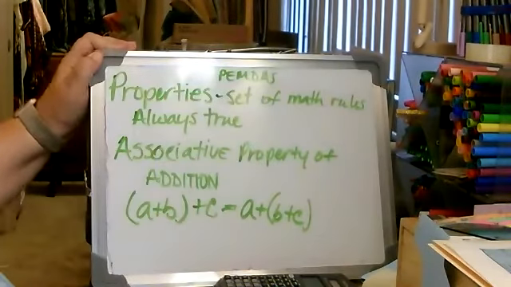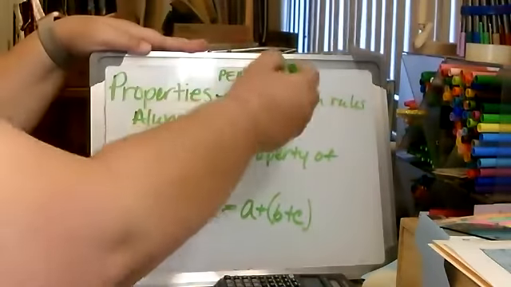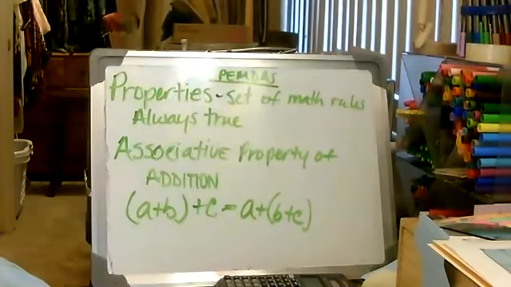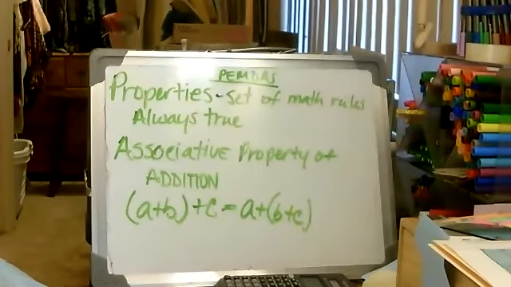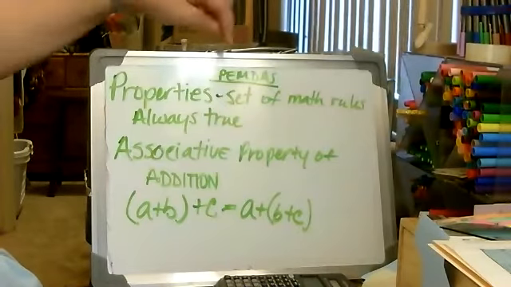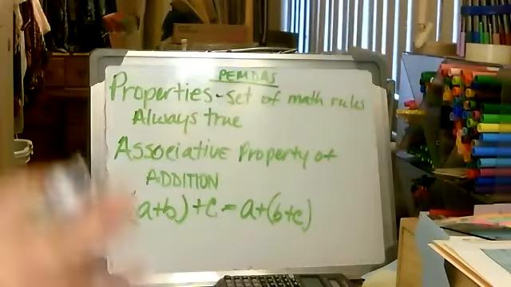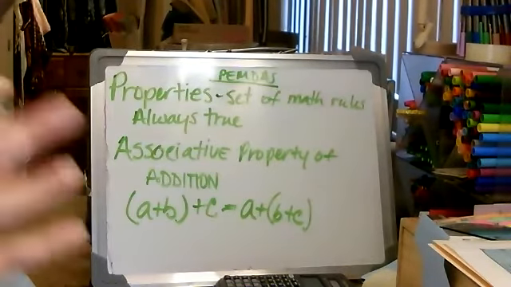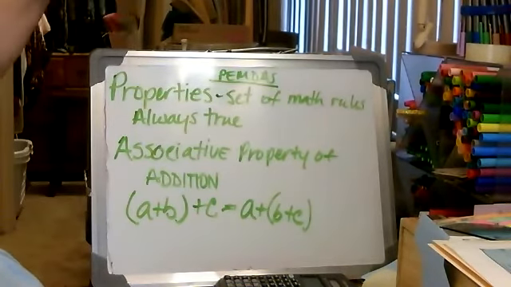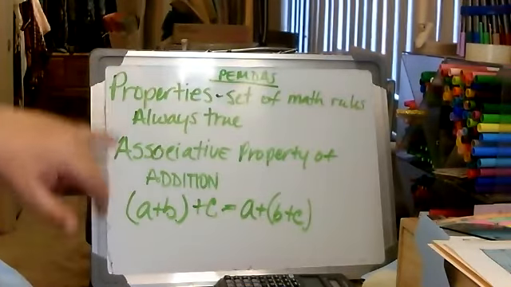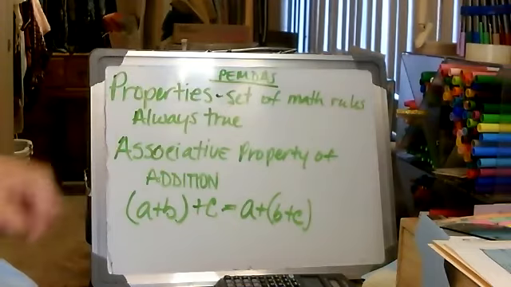Okay, so this right here is reinforced by all these properties, all these rules, set of math rules that are always true. PEMDAS is a good thing to remember when you're doing multiple combinations of algebraic problems, but you kind of have to know why, and this is the why, because it's a law of math.